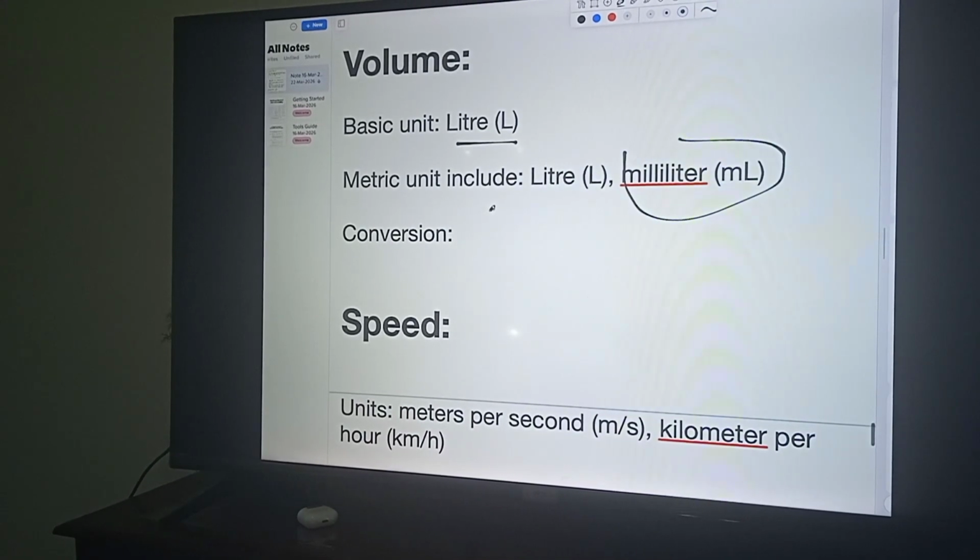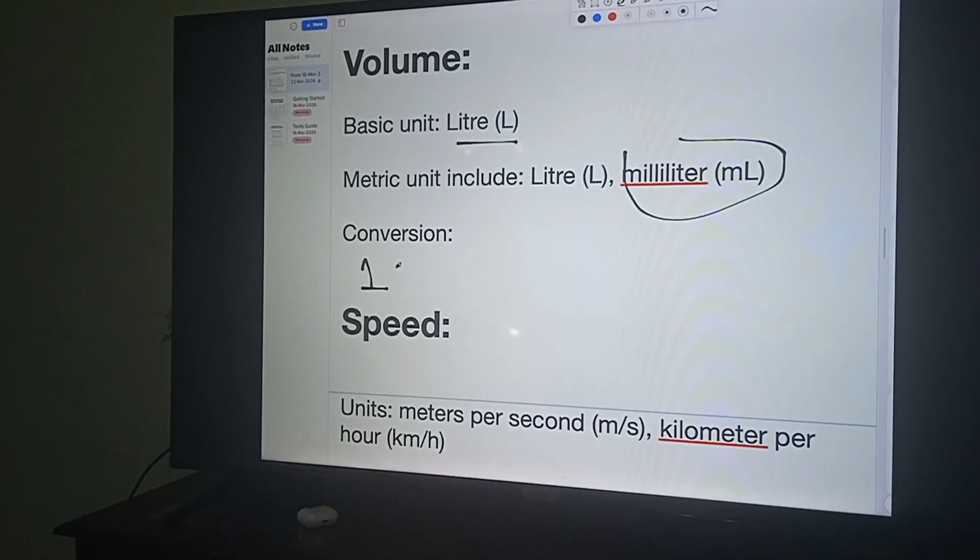So you can convert 1 liter, capital L, to milliliter. So 1 liter is equal to 1000 mL, small m and capital L.